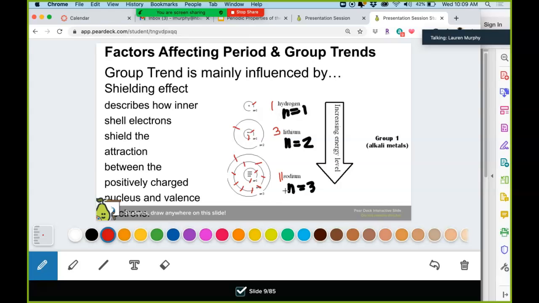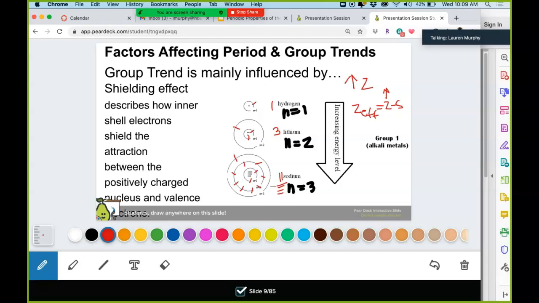Now, what I'm about to teach you kind of contradicts what I just told you. Sodium has the most protons in its nucleus. It has the biggest charge of the nucleus. Remember, Zeff is this. So it has the biggest charge. It has the most protons.